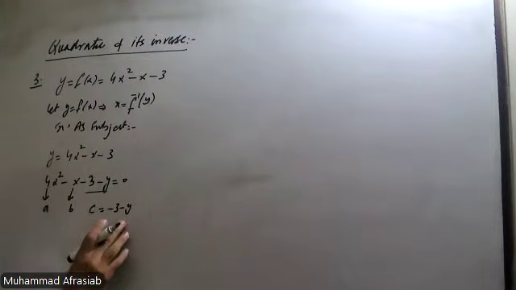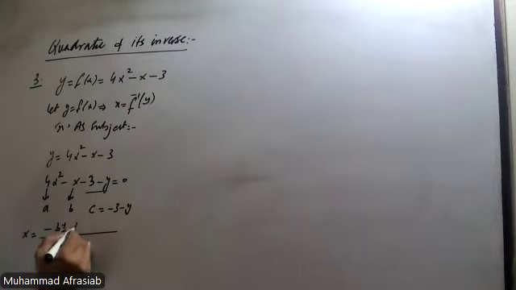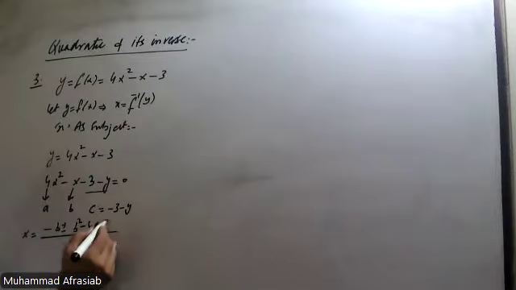The rest of the things we are taking as a constant. We know that the quadratic formula, if x is the subject, is x equal to minus b plus minus square root of b square minus 4ac, over 2a.